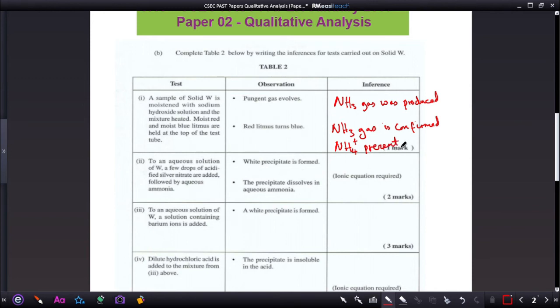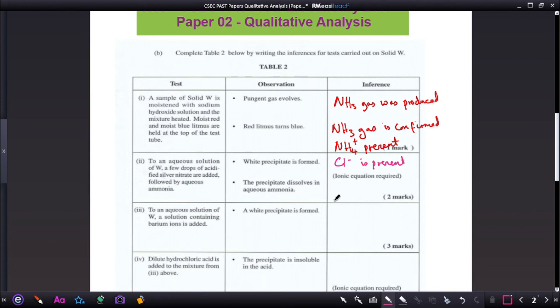Okay, part 2. To an aqueous solution of W, a few drops of acidified silver nitrate are added, followed by aqueous ammonia. A white precipitate is formed. The precipitate dissolves in aqueous ammonia. So if the white precipitate forms, that means the chloride ion is present. And if it dissolves, it means that the Cl ion is confirmed.